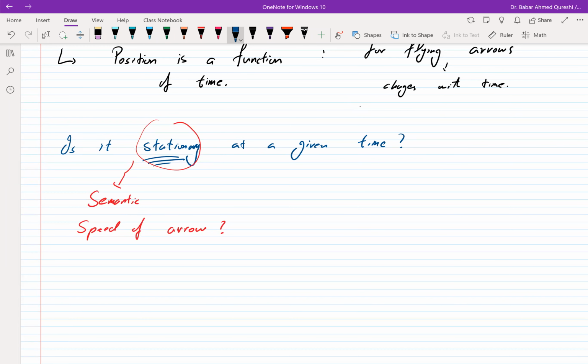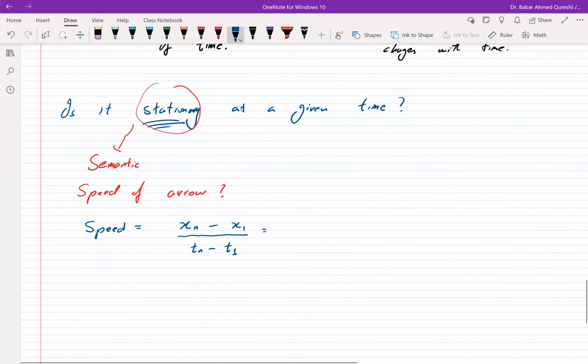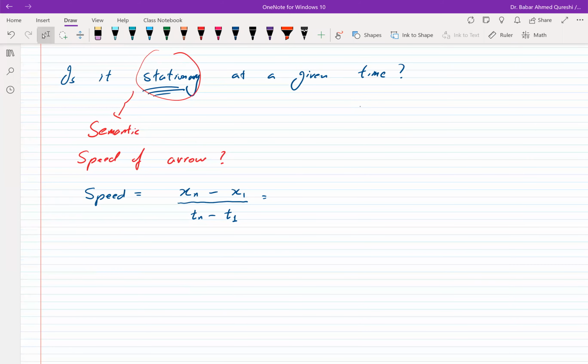Well, you say that this is how I define the speed. I take one of these positions, how much distance the arrow has covered, and how much time it took. We divide by that, and that's our speed. Well, Zeno says that this is something about the overall motion.